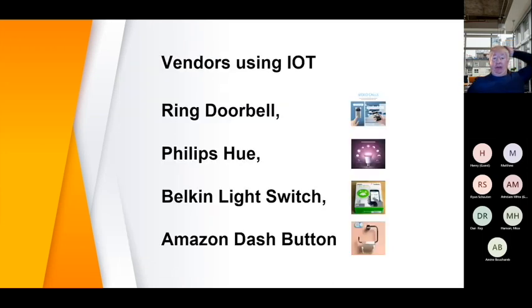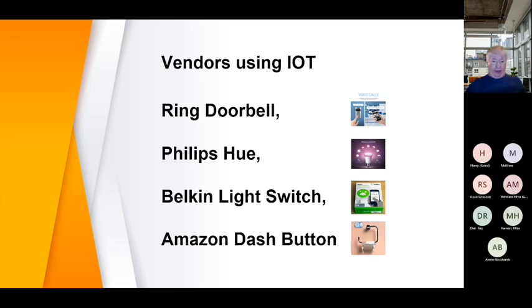So as I said, some of the vendors that use IoT, like the Ring doorbell there. The other one is a Philips light bulb, where you can just tone down the light from your phone, or you can say, Alexa, turn down the light, or whatever.